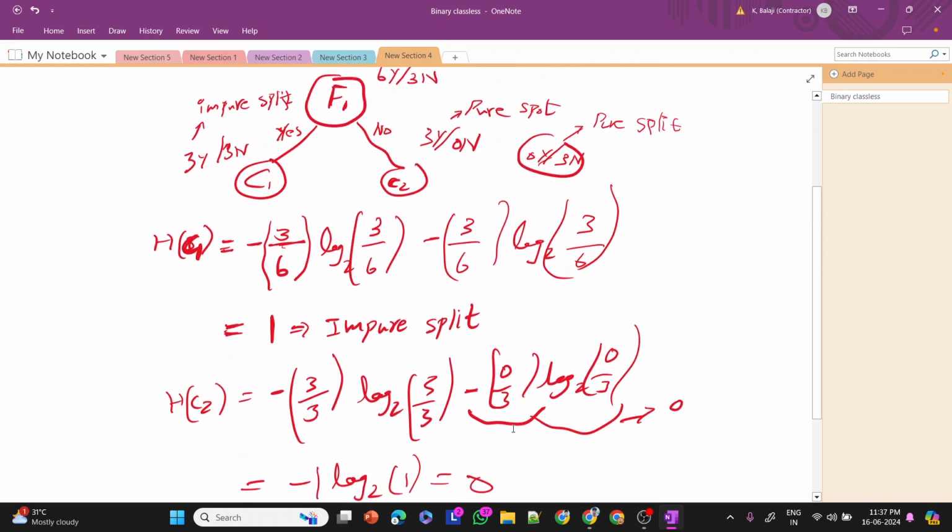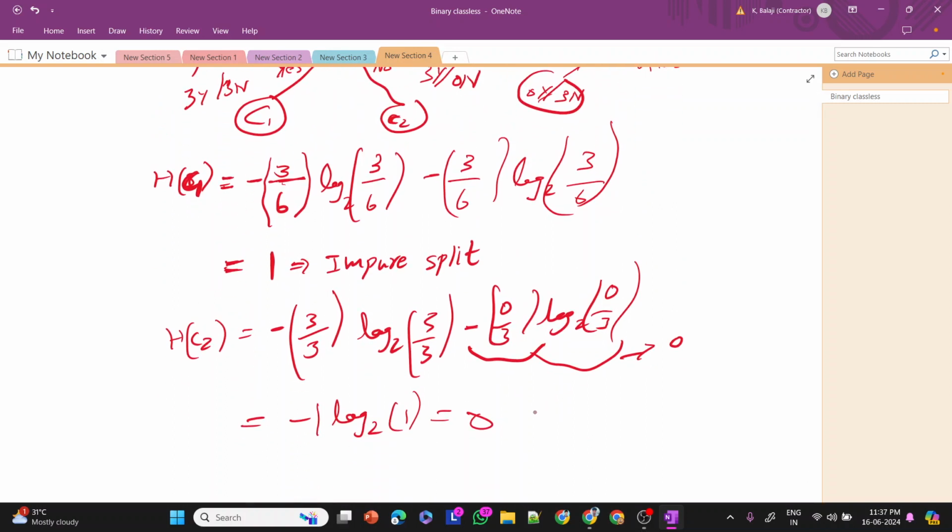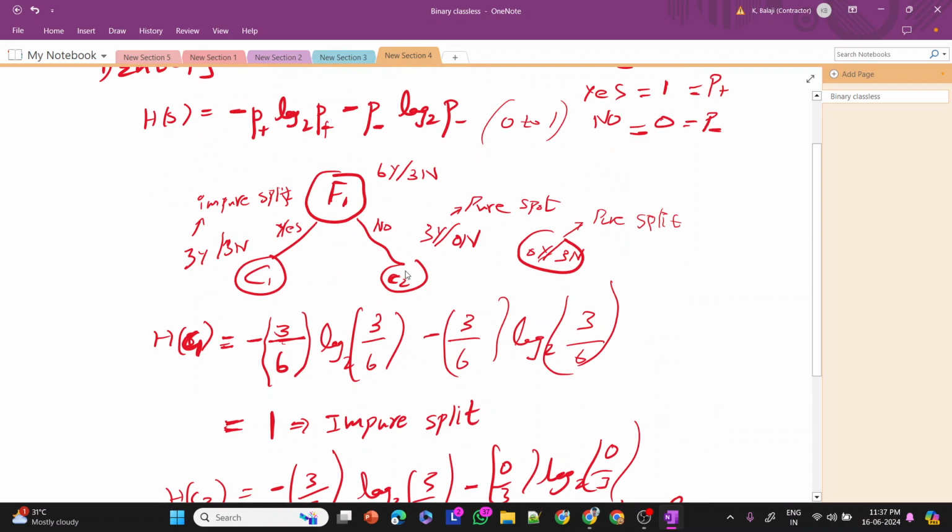That means this is a pure split, so we do not need to split it further. Whenever we get entropy as 0 for a node or a feature, we can stop at that node as it is.